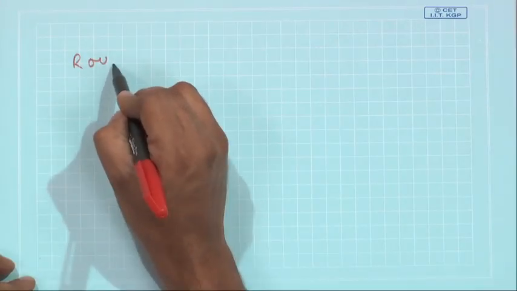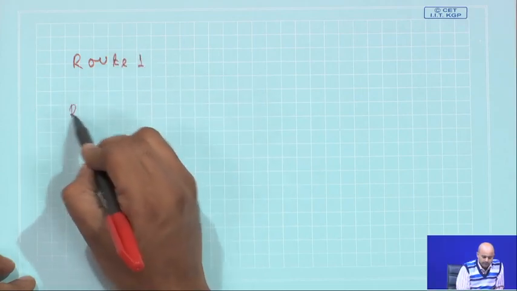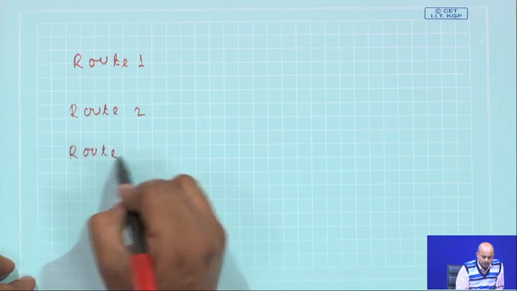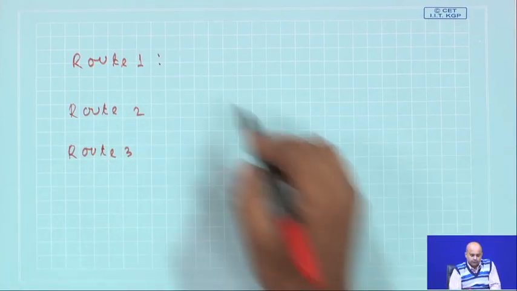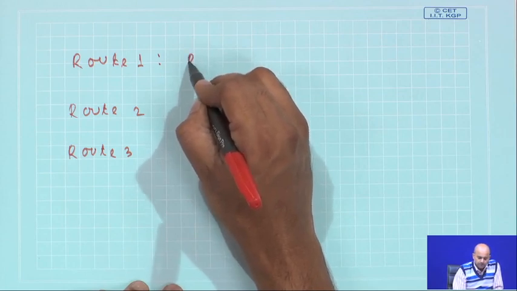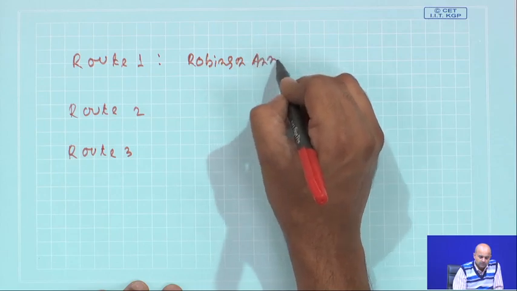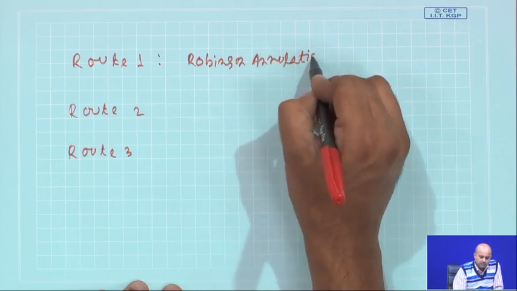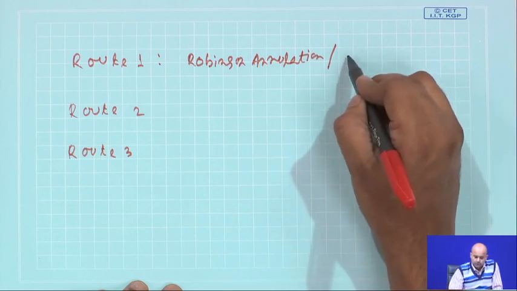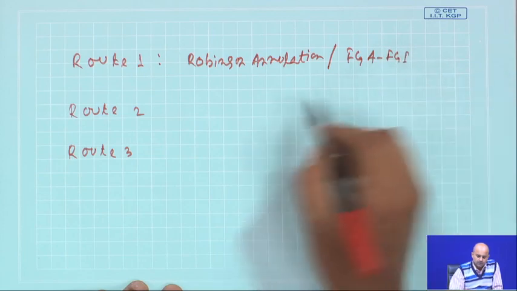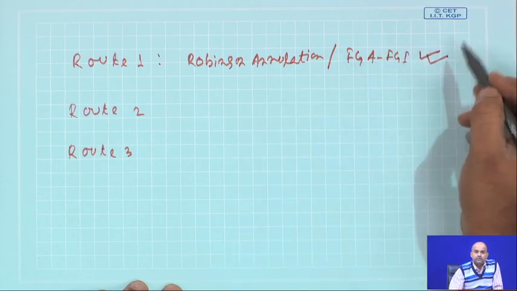So, now in summary we will analyze all the routes: route 1, route 2 and route 3. In route 1, what transformations are we using? Basically the Robinson annulation is the main transformation, and we also use a couple of functional group additions or FGI, and it looks absolutely feasible.